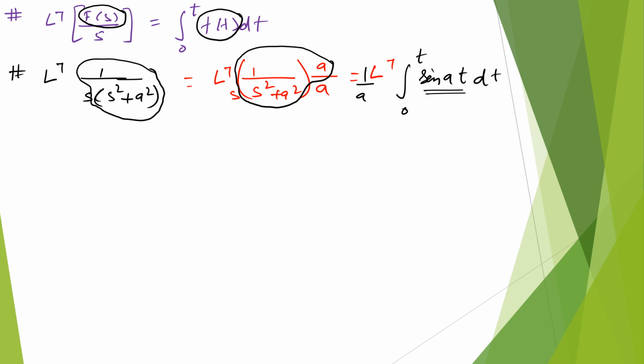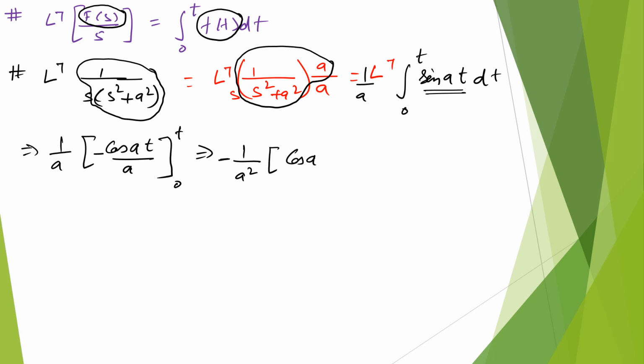So integrating sine at dt, we get 1 by a, the integration of sine is cos at over a, with a negative sign and limit 0 to t. Now 1 by a square, minus is common, so cos at to the power 0 and limit 0 and t.